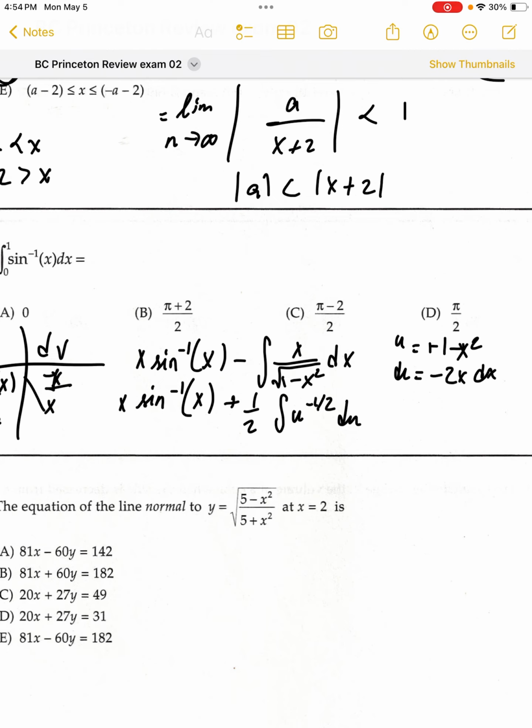Again, this will equal x sine inverse x plus 1 half times u, which is 1 minus x squared, to the, what is it, to the 1 half power, right?